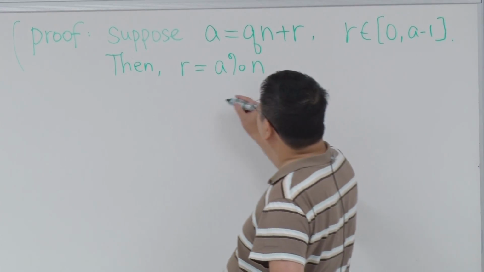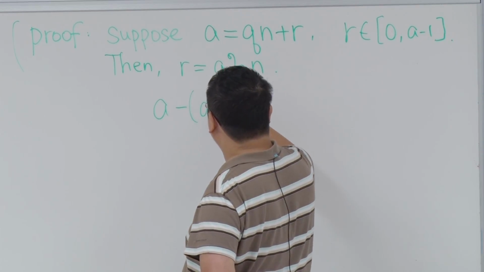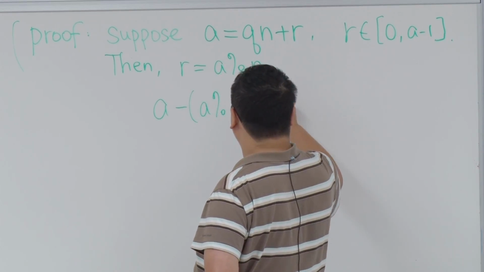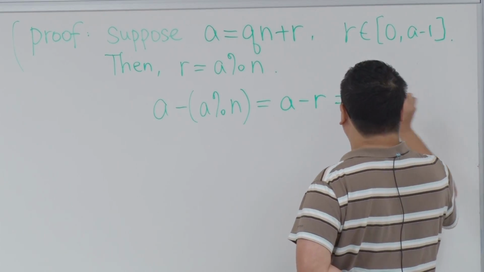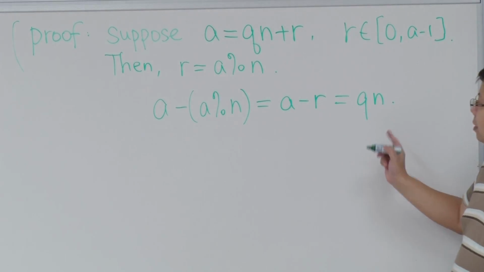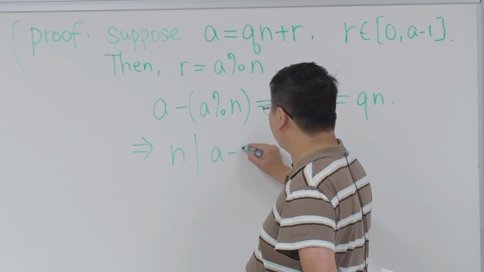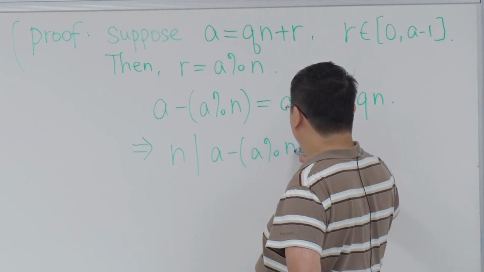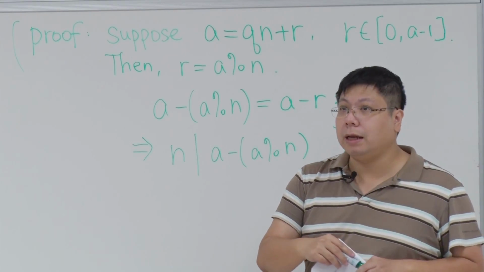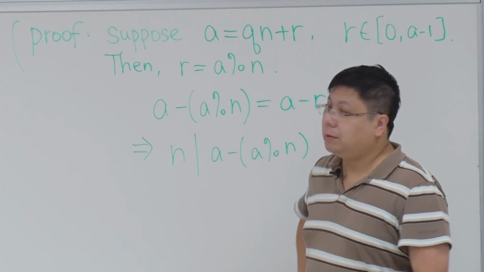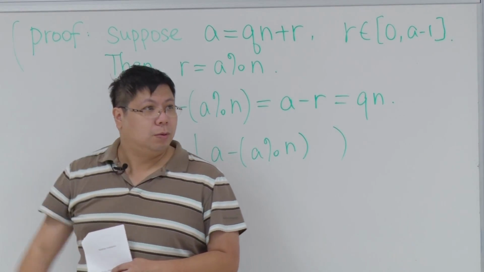So we have A minus A modulo n equal to A minus R, which is equal to Qn. So n divides A minus A modulo n, and we have the result there. So A and A modulo n are congruent to each other in this mod n world.